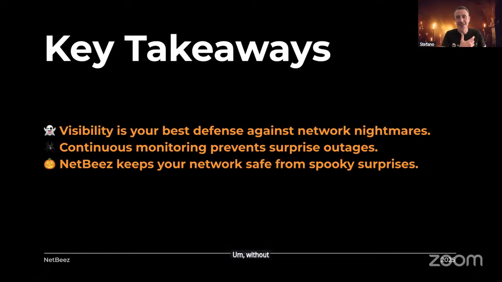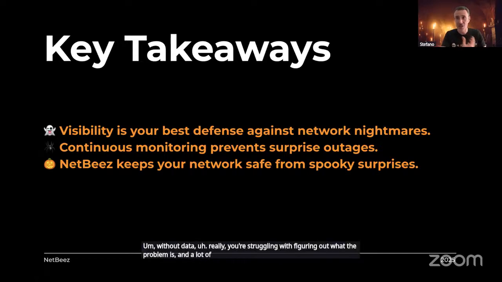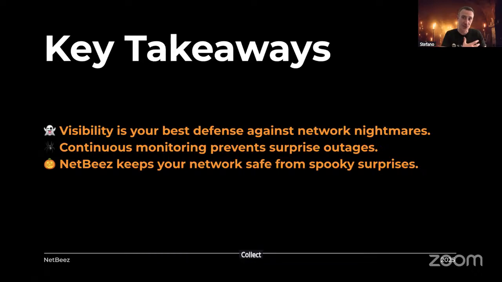Without data, you're struggling with figuring out what the problem is, and a lot of time and resources are spent collecting that data. So one goal of NetBees is clearly automating and scaling that collection process of data.